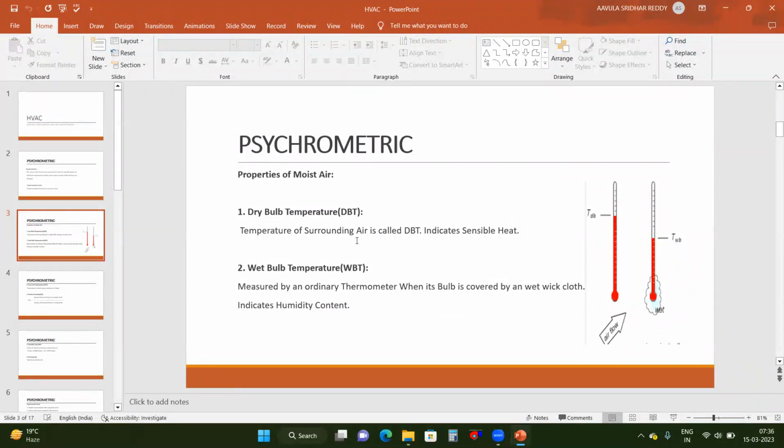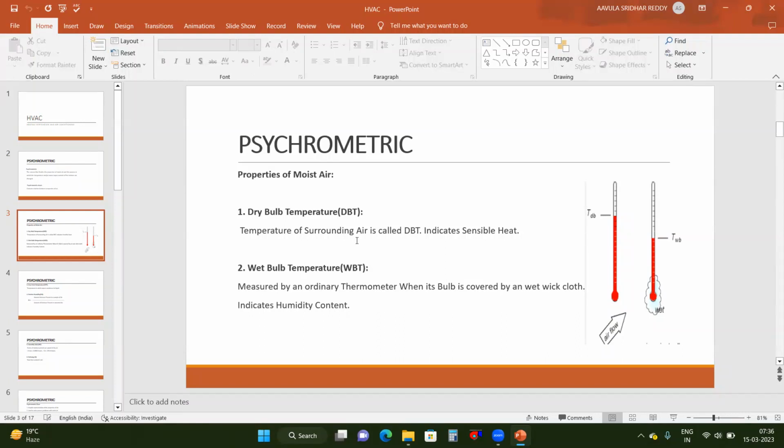The first one is dry bulb temperature. The temperature of the surrounding air is called dry bulb temperature, and it indicates sensible heat. Wherever we are, whether in a room or in the outside environment, the temperature surrounding us is called the dry bulb temperature.